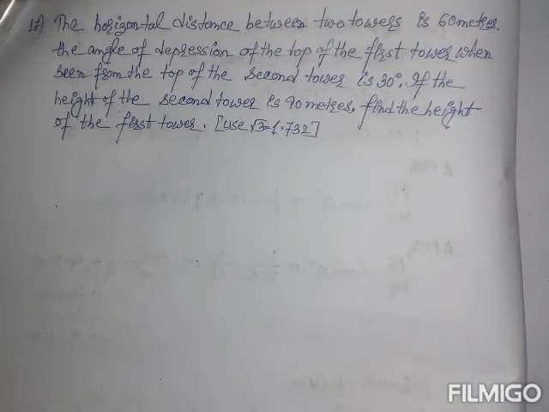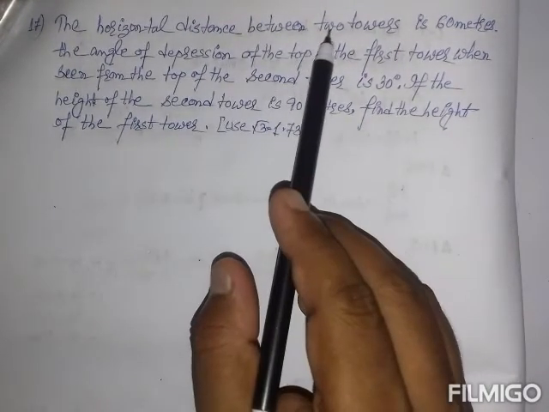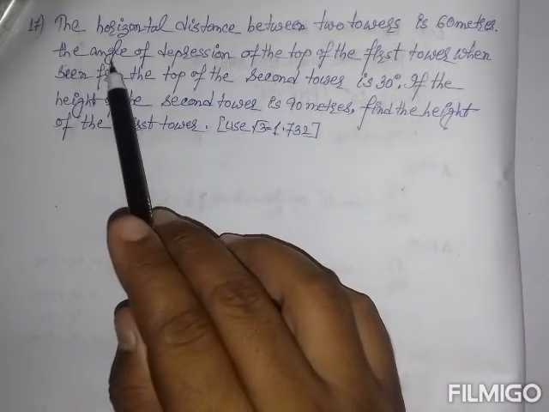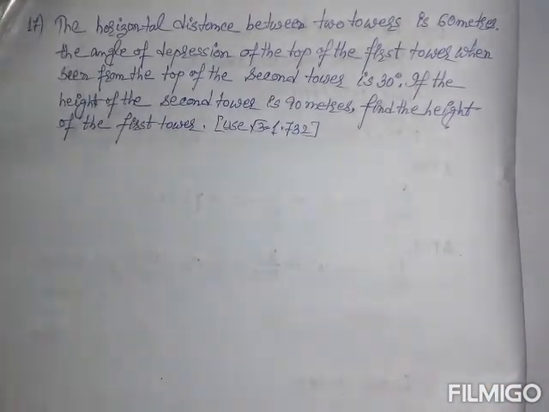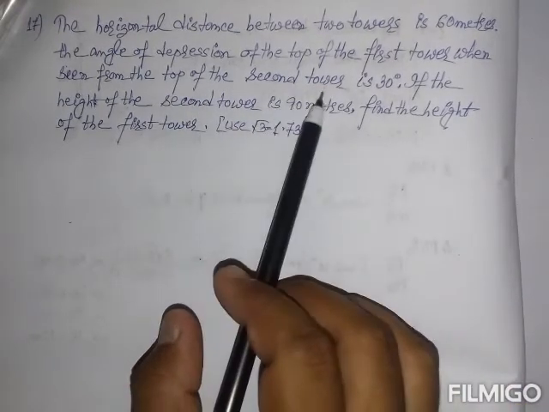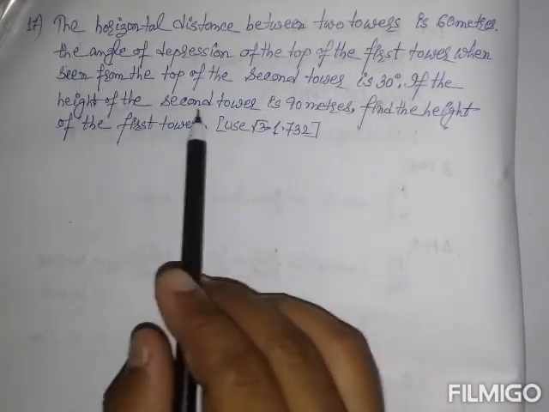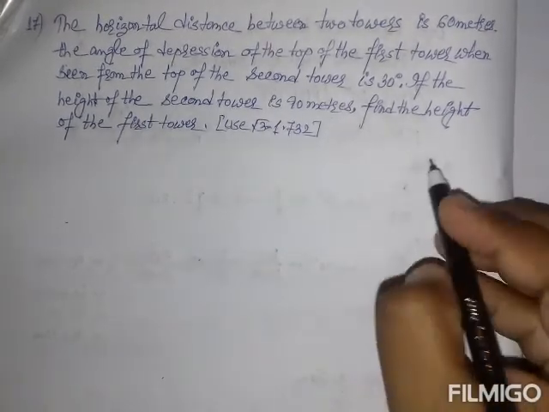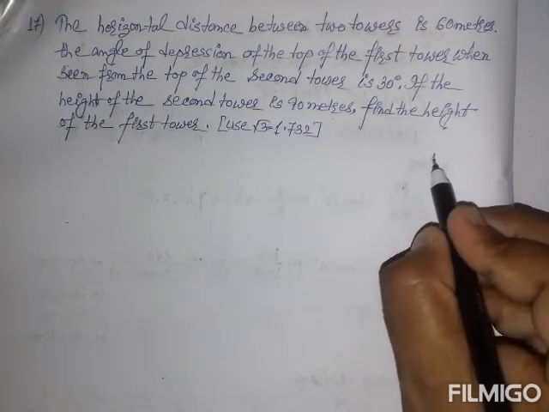Now number 17. The horizontal distance between two towers is 60 meters. The angle of depression of the top of the first tower when seen from the top of the second tower is 30 degree. If the height of the second tower is 90 meters, find the height of the first tower. So we can draw now.